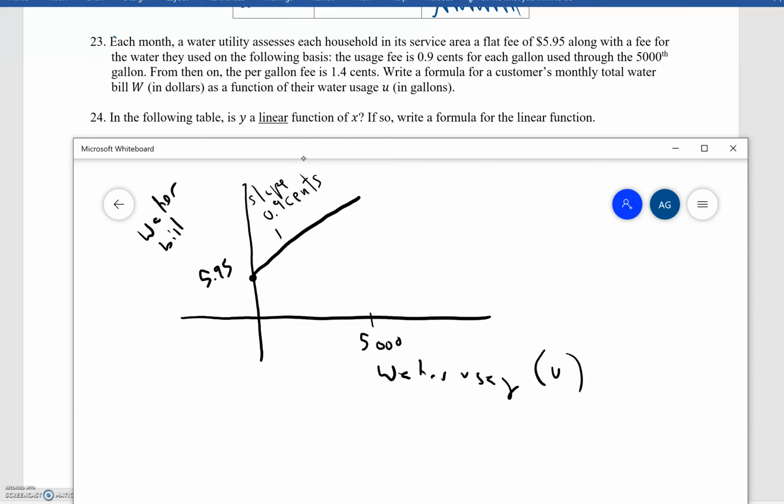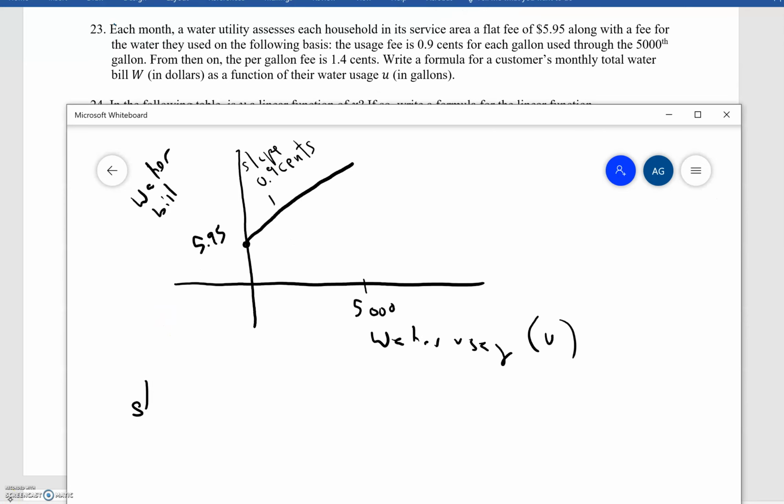Actually, I need to be careful about this because I said the slope is 0.9 cents, but the unit here is in dollars per gallon. So we do need to be careful and make sure that all our units are fine, okay? So let's actually think about what the slope is in the correct unit. So for this first piece anyway.